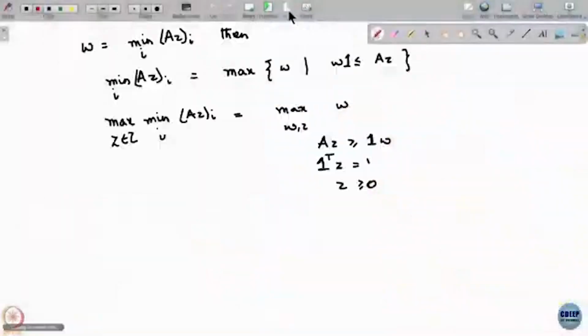Because the optimal value is in fact their security level, and we just argued that there is a security strategy and a security level for each player. Okay. So, once a security strategy and a security level exists, there is a finite optimal value to each of these linear programs, and therefore, from linear programming duality, the optimal values have to be equal. So, by linear programming duality, we get that V_M upper bar is equal to V_M lower bar.